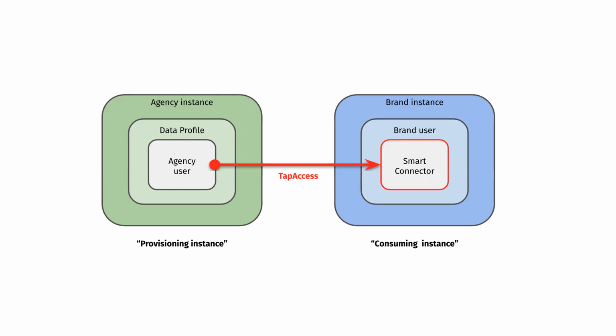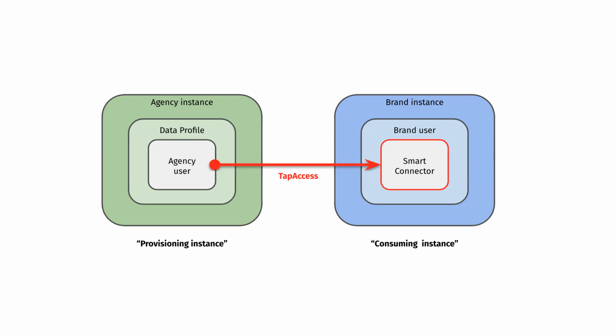So a common case for using this data sharing feature is maybe I'm a brand or I'm a company and I have another company that I'm working with, or I've outsourced work to an agency and they are using TapClicks and I'm using TapClicks. And what I want to do is I don't want to have to log into two different instances. I got my data and I got my contractor's data in their own TapClicks instance. And I don't want to have to keep switching back and forth.